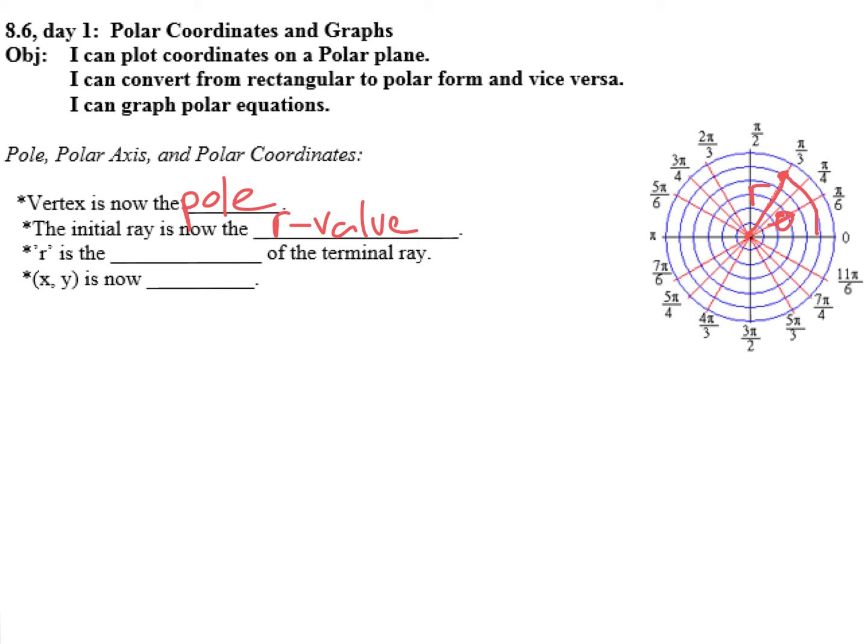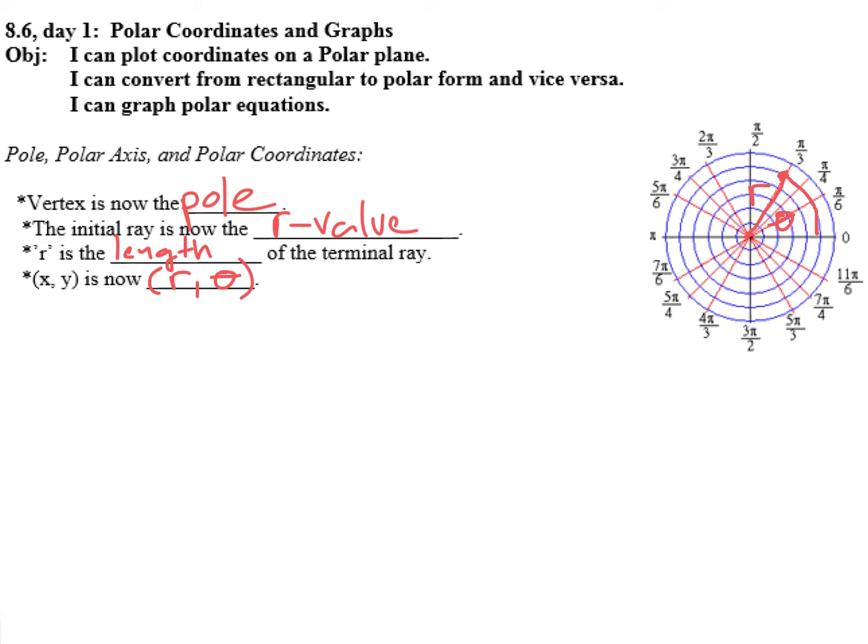Okay, so the big thing I want you to know is we're still just describing a location. Just like if we were to plot an XY coordinate point, that's all we're doing. Is saying, all right, here's the location of this particular point. Again, R is the length of that terminal ray, and if we were to express that location, we would call it R, comma, theta, right?